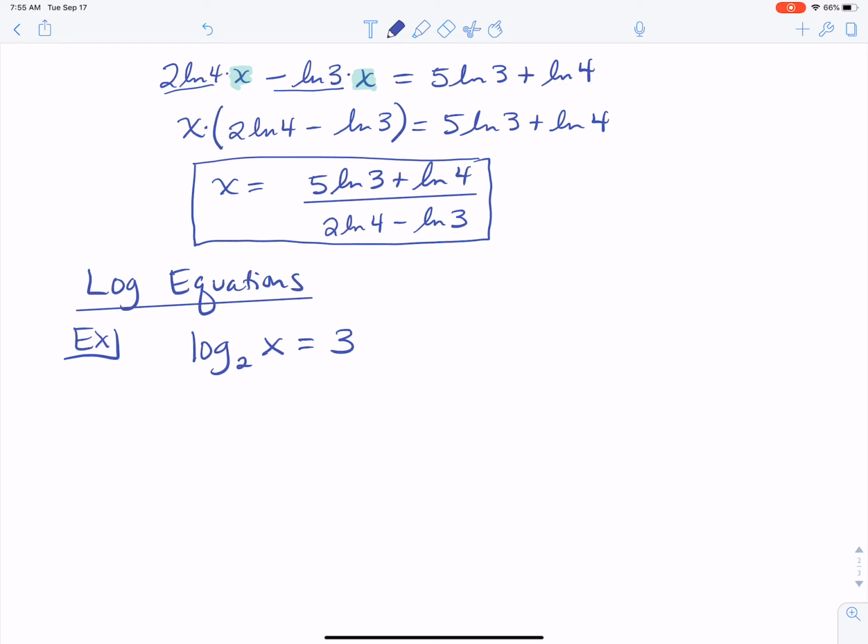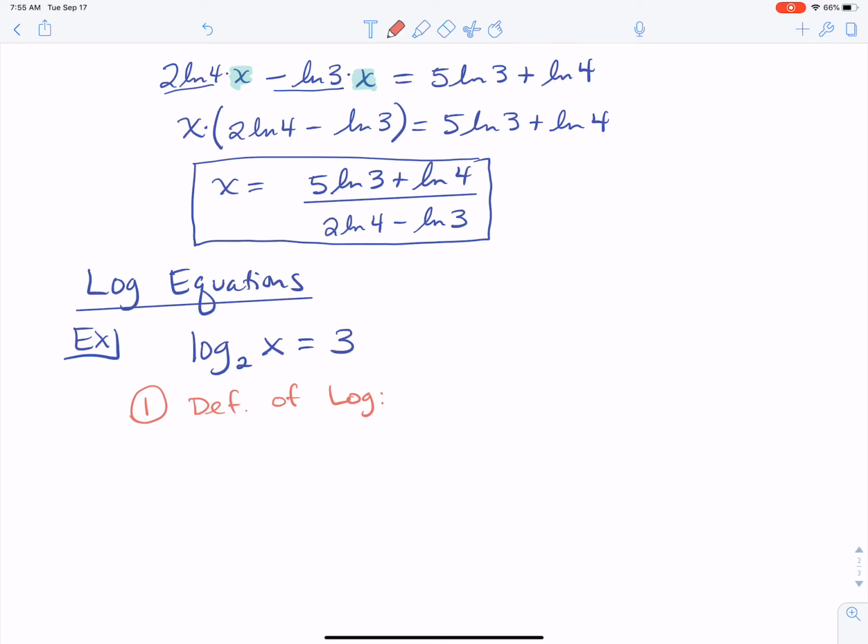This is another instance where you have a couple different ways that you can solve. So one way you can solve this is using the definition of a logarithm, which means change from log form to exponent form. So this is definition of a log. So you would change this to exponent form.